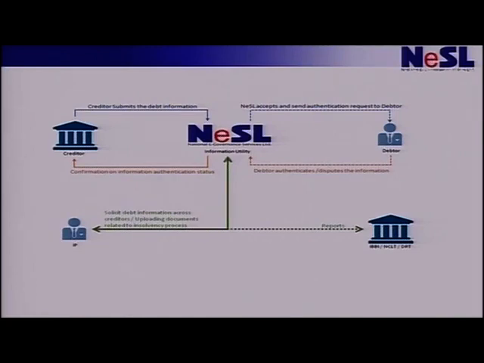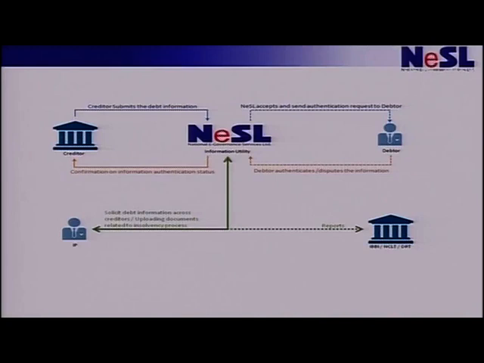How does it help the insolvency professional? The insolvency professional in a corporate insolvency resolution process can seek information from the information utility. He can also use the information utility for storage and other purposes.